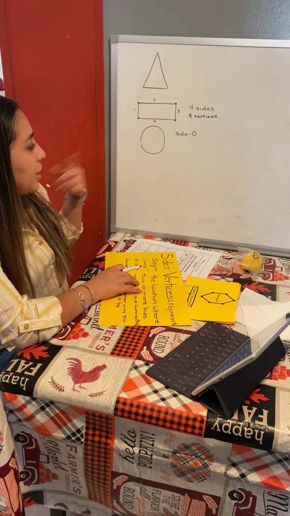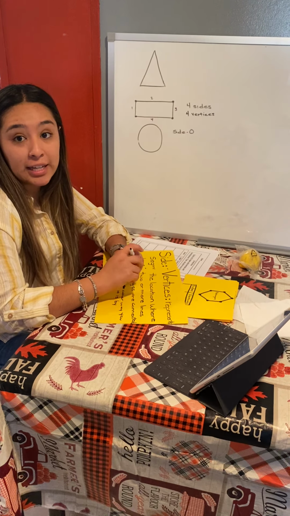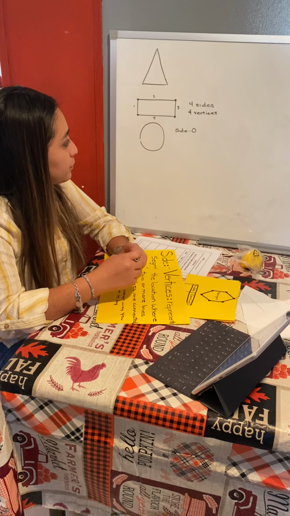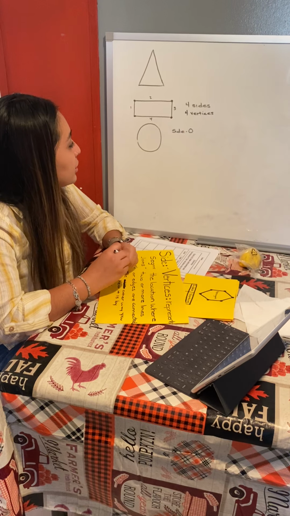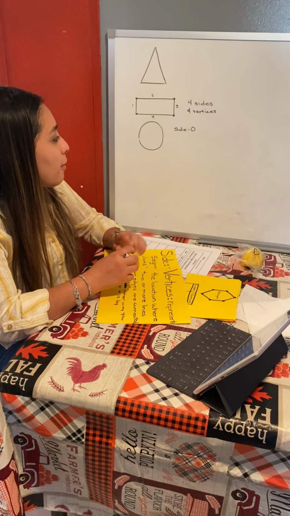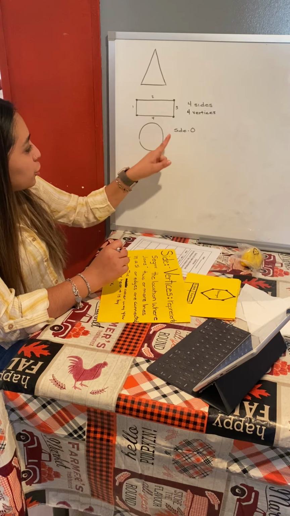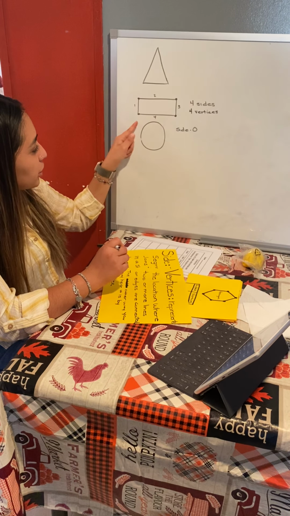Can anyone tell me how many vertices a circle has? Correct. 0. A circle has 0 vertices because there's no lines that connect to different points.